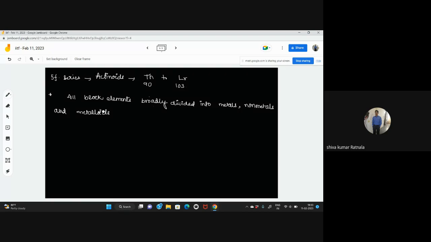So this is about the elements and classifications.